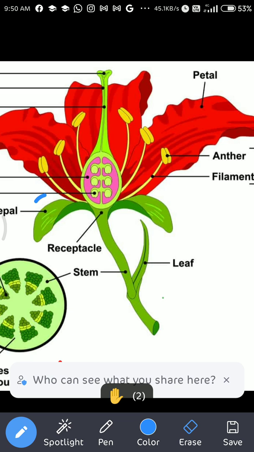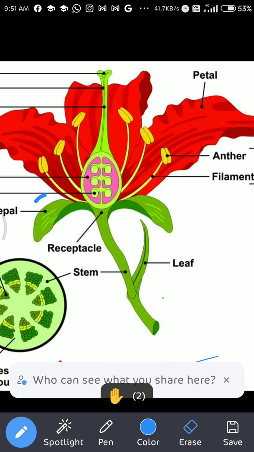So this is called corolla, and the green structure forms the calyx, and the single unit of the calyx is sepal, and the single unit of corolla is known as petal. So these are the two whorls of the plant.